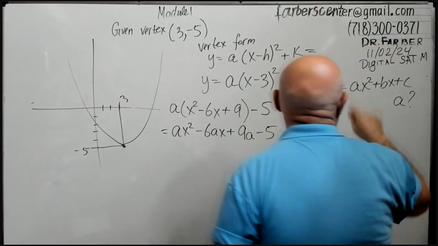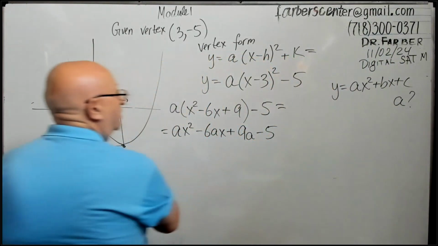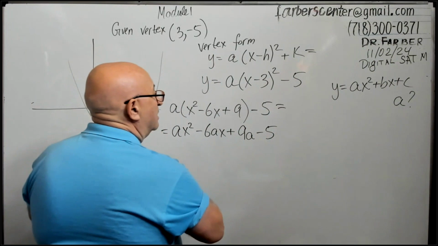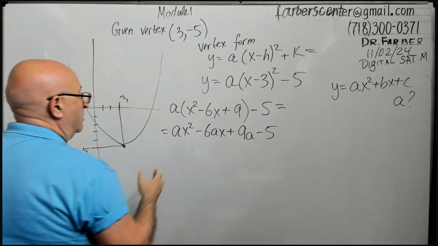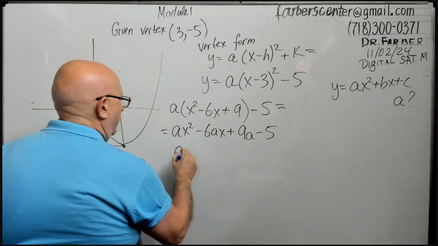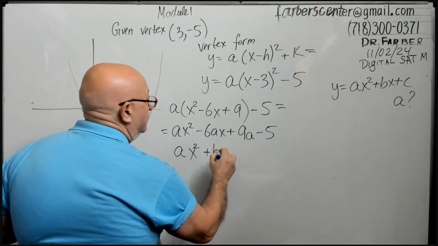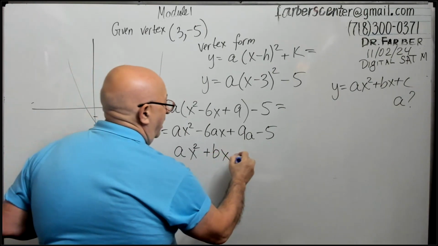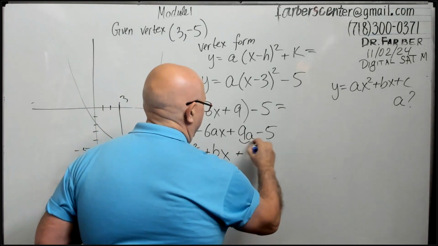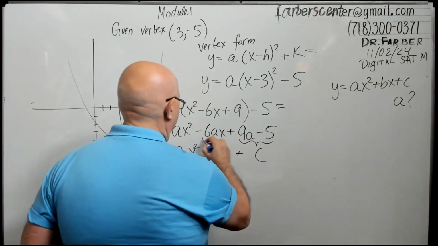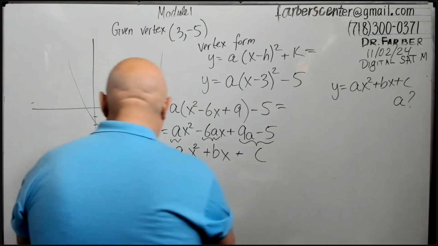From another side, we're talking about the same parabola, which is written in standard form, so it's the same. Let me line up ax squared plus bx plus c. So this guy is c, this is b, and this is a.